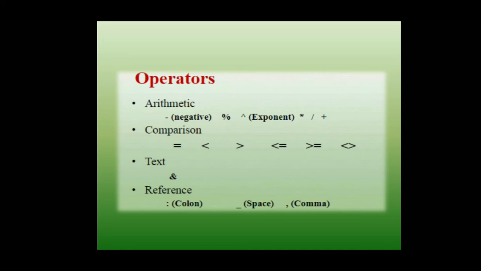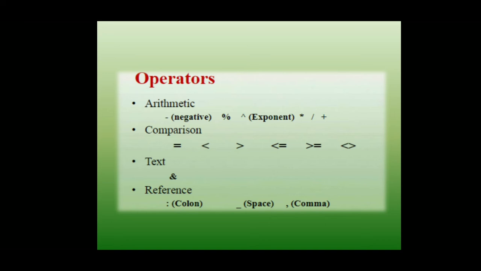This sign is used for calculation of modulus. Modulus means remainder. If I divide 4 by 2, my quotient will be 2, but my remainder will be 0. Then, as I told you, exponent is there, and you have divide and multiply. Multiplication is shown with an asterisk and division with a slash.